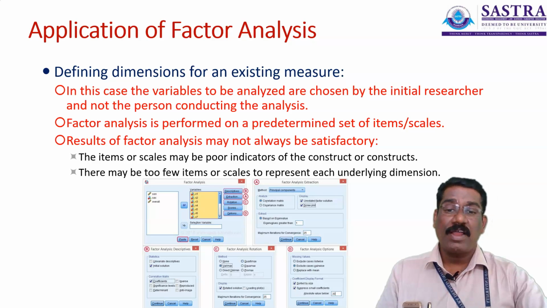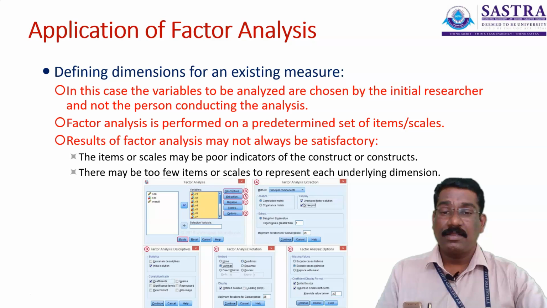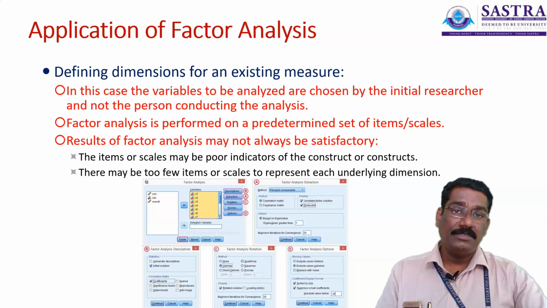The results of factor analysis may not always be satisfactory because of the intercorrelations and the emerged dimensions. So it has to be supported logically by proper literature evidence. The items or scales may be poor indicators of the construct sometimes, so we have to be very cautious about it.